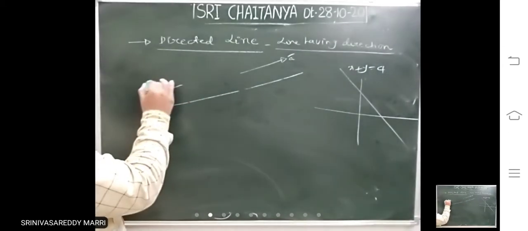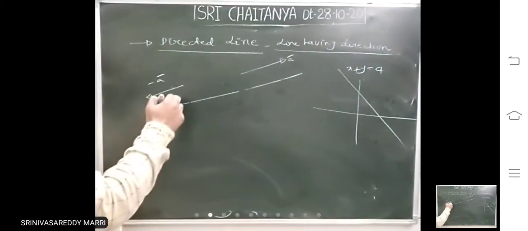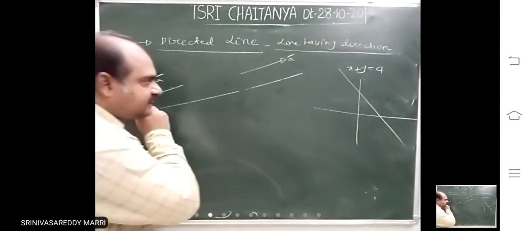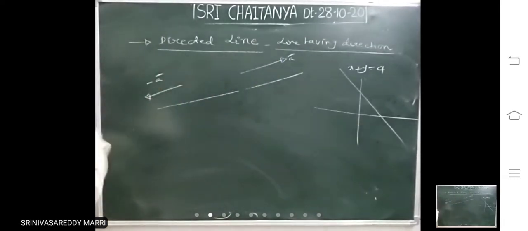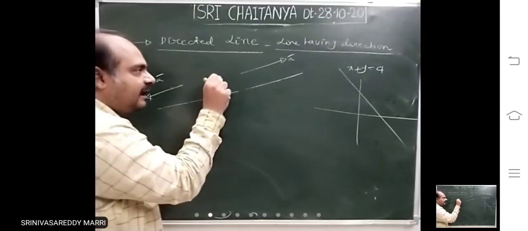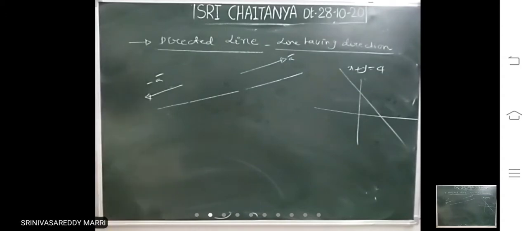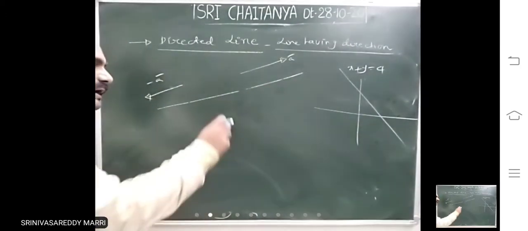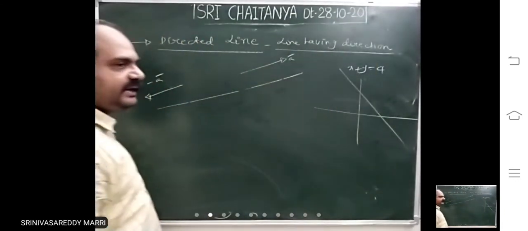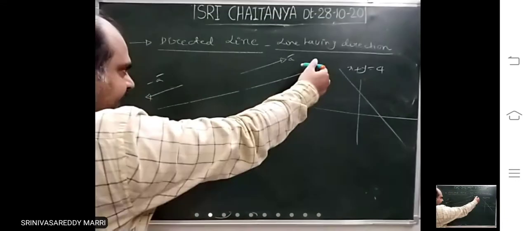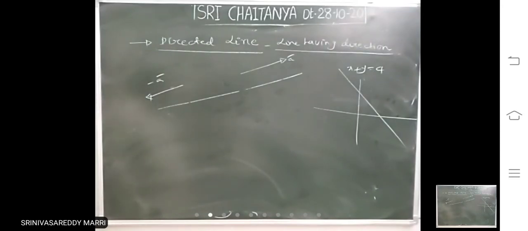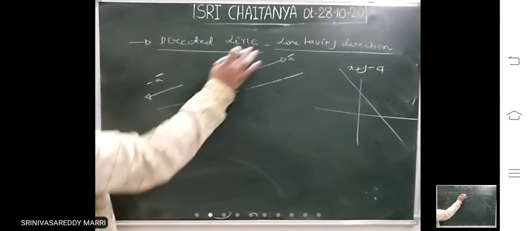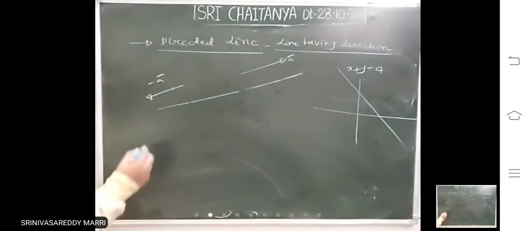If I want to draw the line in the direction of A bar, then you will draw this line only, but it will have this direction. The same line will have this direction and this direction even. The same line will not change. You look at the direction and you will draw the line. That means a directed line means the line will have direction.